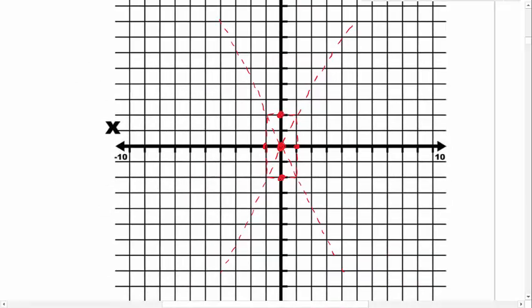We already stated that it's going to be opening in the x direction. It's going to hit, these are our vertices here, this is where it's going to hit on the rectangle, and then we just have the branches tend towards the asymptotes. And here we have our hyperbola in blue.